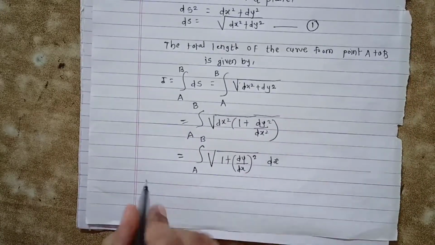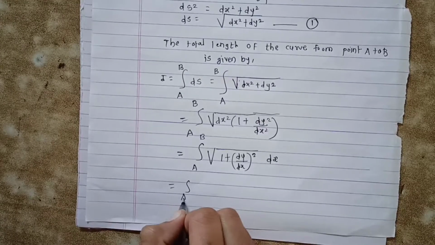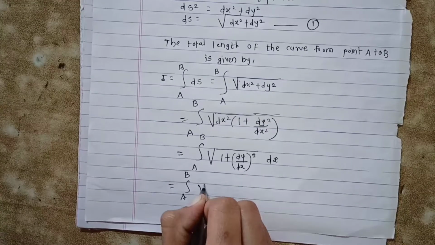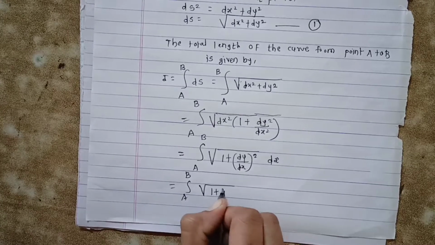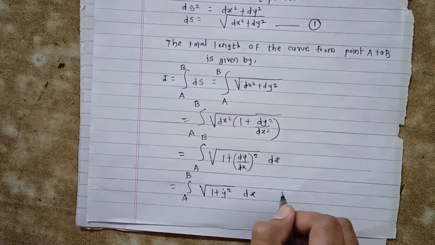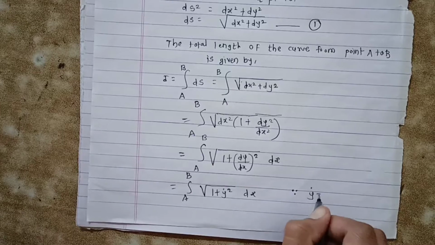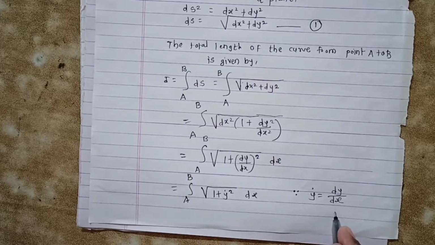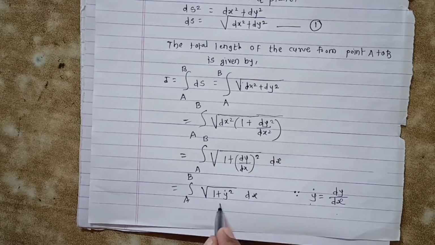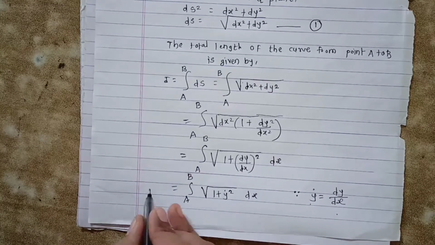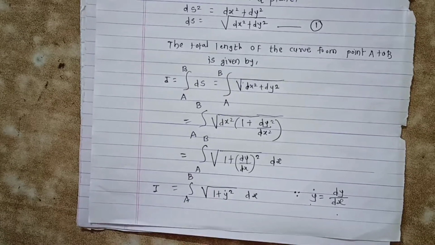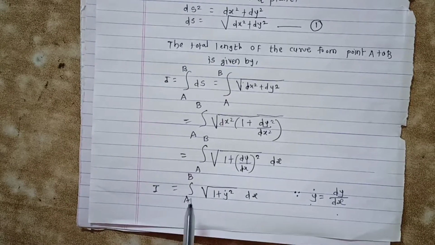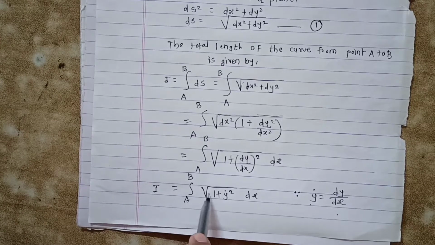Now this is integration from A to B of square root of 1 plus y dot square into dx, where y dot is equal to dy by dx, that is, the derivative of y with respect to x. So the total length of the curve from point A to B is given by integration from A to B of square root of 1 plus y dot square into dx.